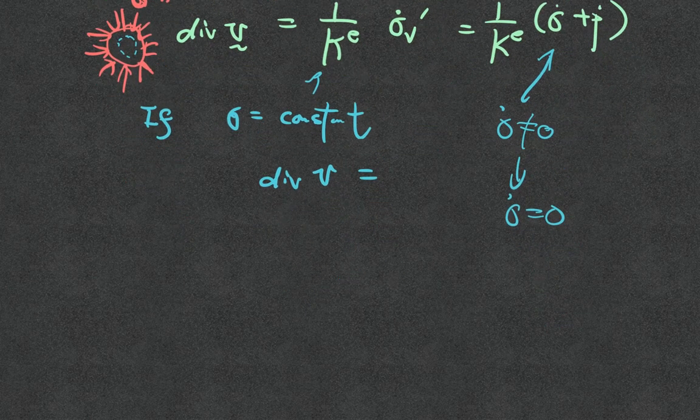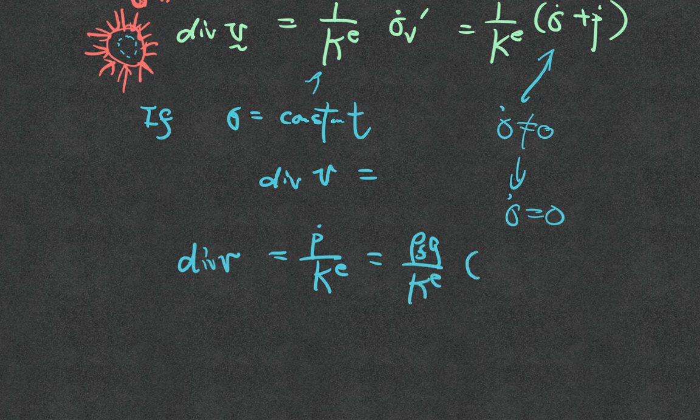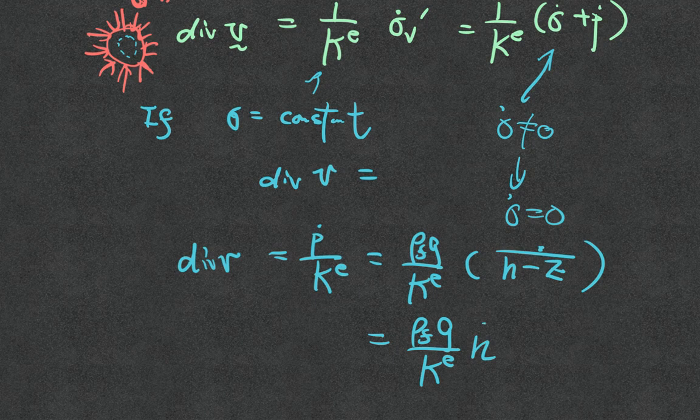So the divergence of the velocity would simply equal P dot divided by KE, which is rho f g divided by KE times h minus z dot. Assuming that the elevation head doesn't change, then we have rho f g divided by KE times h dot.